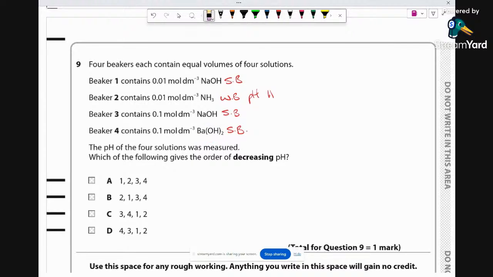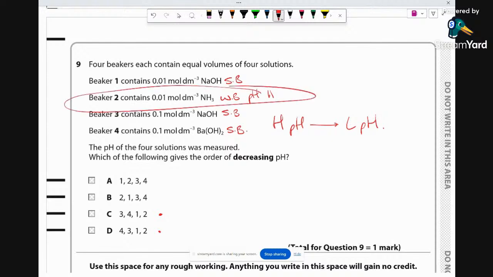Okay, so straight away, the one I believe would probably be last, because we've got decreasing, I want the highest pH to the lowest pH. The lowest here is going to be ammonia, which is number 2. So it's probably going to be C and D straight off the bat, just based on that understanding of ammonia and the others being strong bases. Then I need to look at which of these are going to be the strongest.